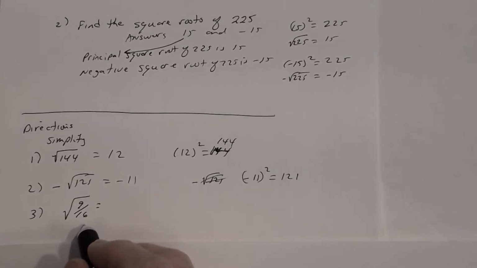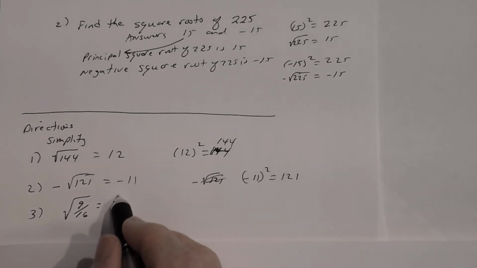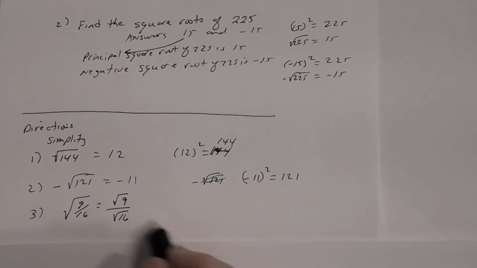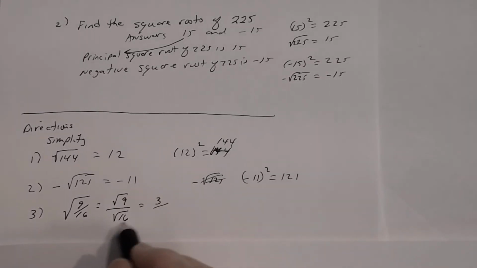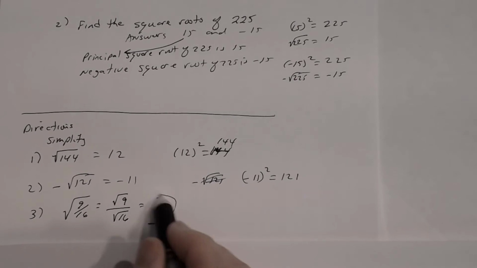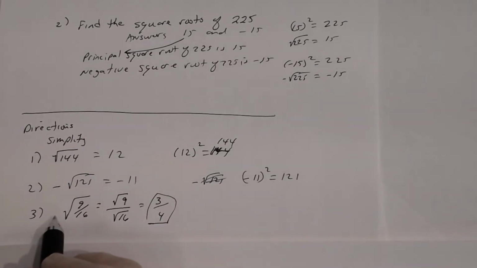So 9 divided by 16 is the radicand. I can write this as the square root of 9 divided by the square root of 16. The square root of 9 is 3, and what number times itself is 16? That's 4. So there's your answer, 3/4, because you're looking at the principal square root of 9/16.